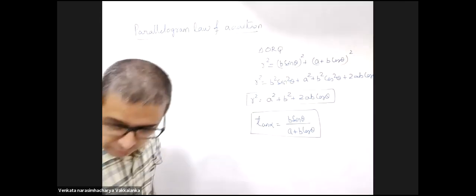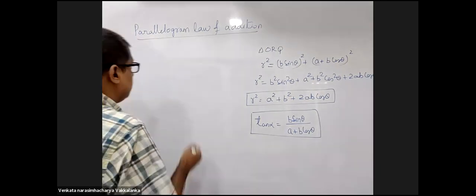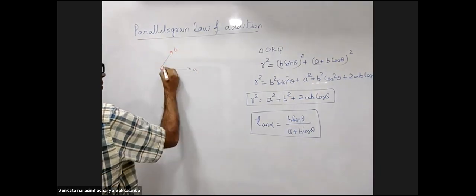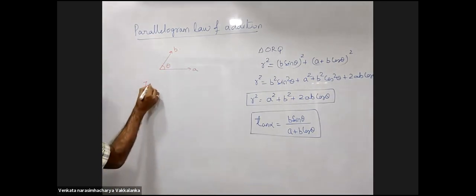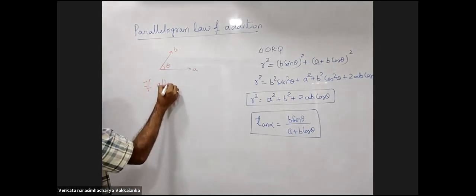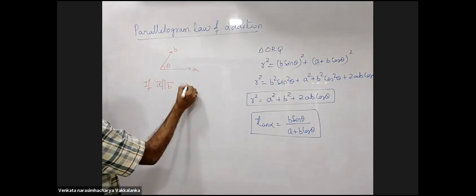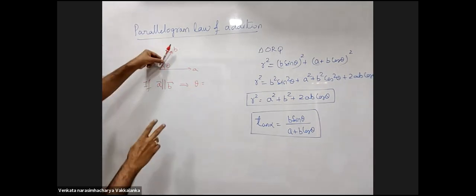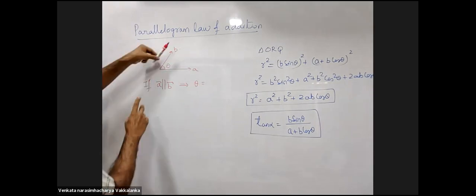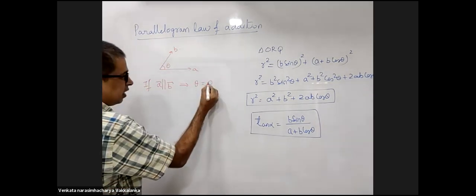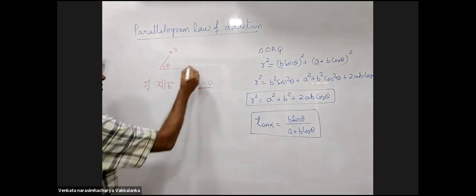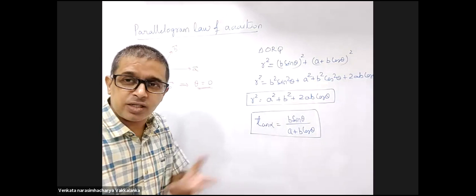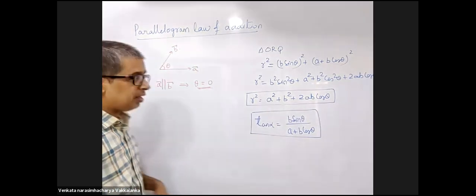What if two vectors are parallel? Now this is A, this is B. If A is parallel to B, what is the value of theta? 0. If B is in the direction of A, theta is 0. And what did you tell me if two vectors are in the same direction? Add them numerically.